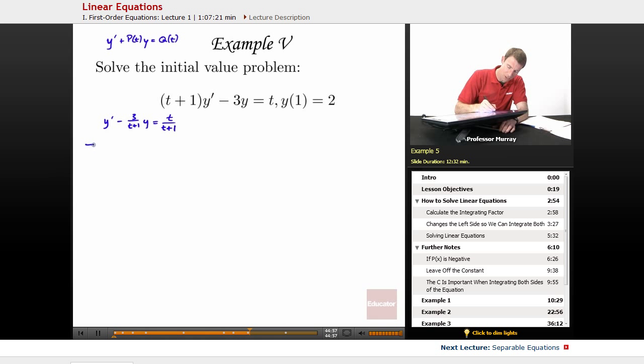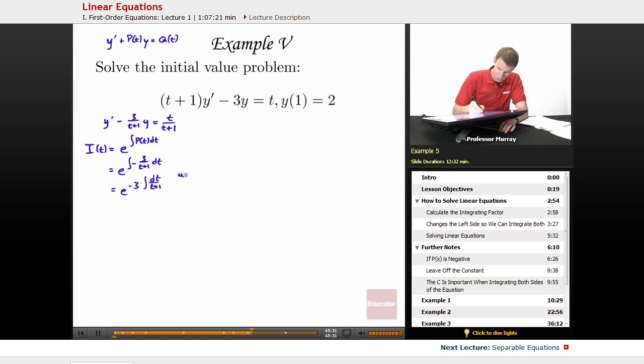My integrating factor, that's my strategy for all linear differential equations, is e to the integral of p of x, or p of t in this case, dt, which is e to the integral of negative 3 over t plus 1 dt. Remember, I've got to include the negative sign when I'm finding the integrating factor.